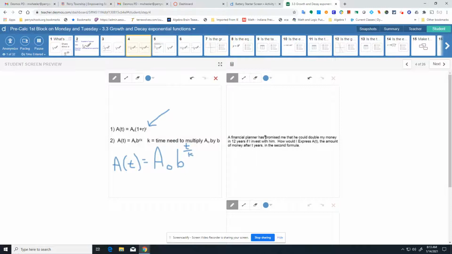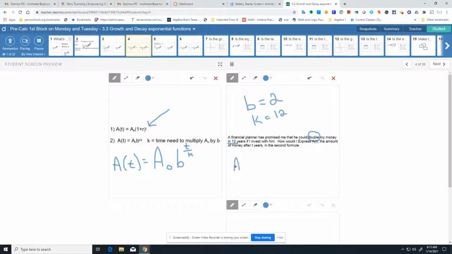So a financial planner has promised me that he could double my money. So right there is the key word. So that means my multiplying factor is 2, or b is going to be 2. It's going to double my money in 12 years. That means k is 12. So I want to express A of t, the amount of money after t years.